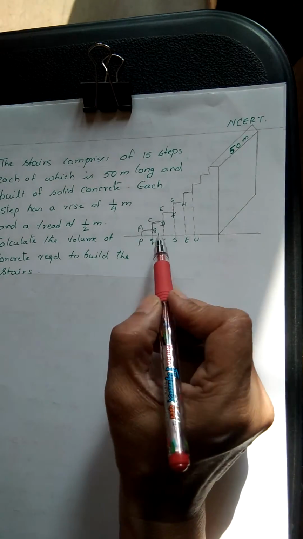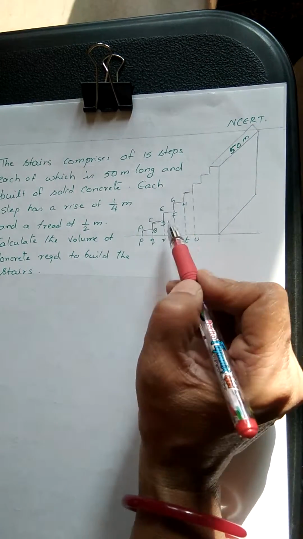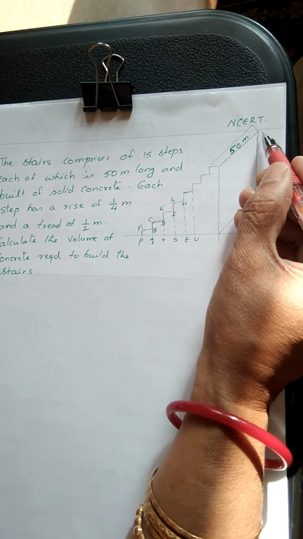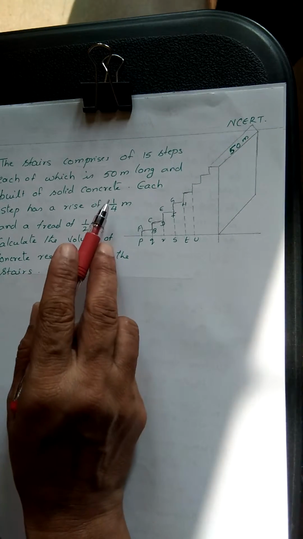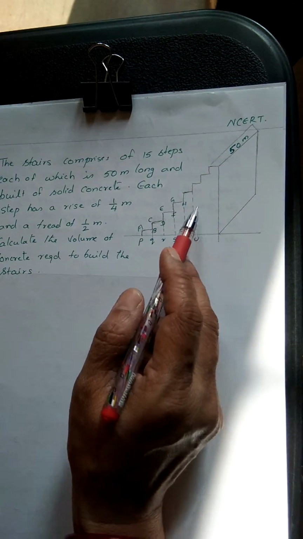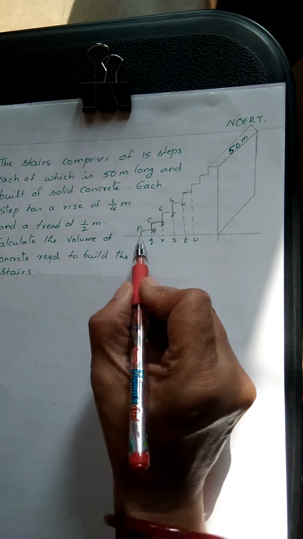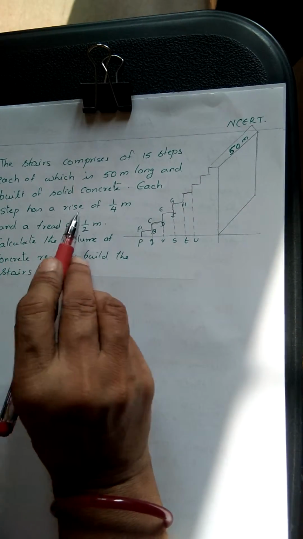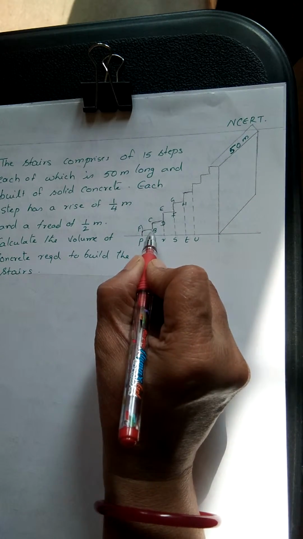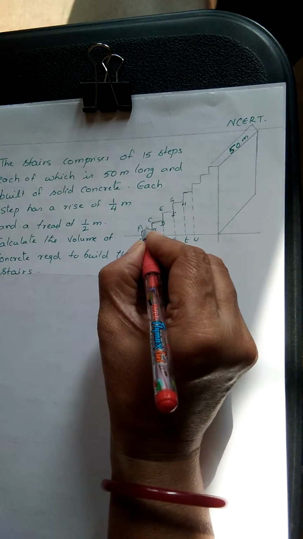The stair comprises 15 steps, and for each step the length is given as 50 meters, and it is made of solid concrete. We have to find the total volume of concrete required for this stairs. They have given it has a rise of 1/4 meter. So this length AP, BC, DE, this is 1 by 4.